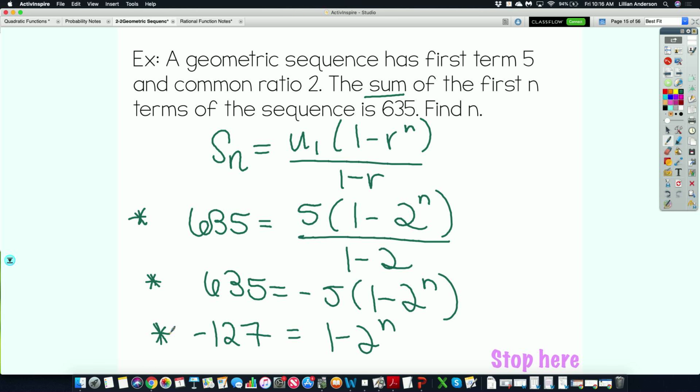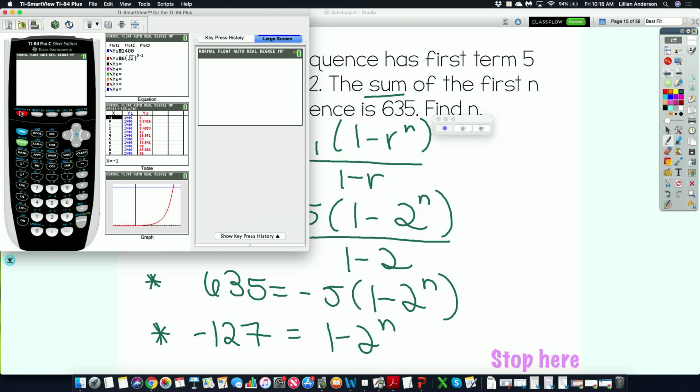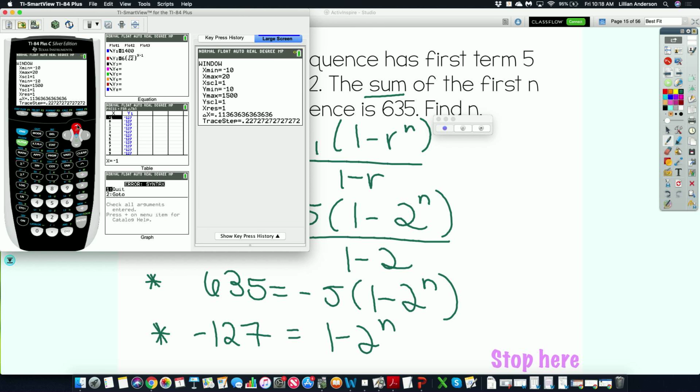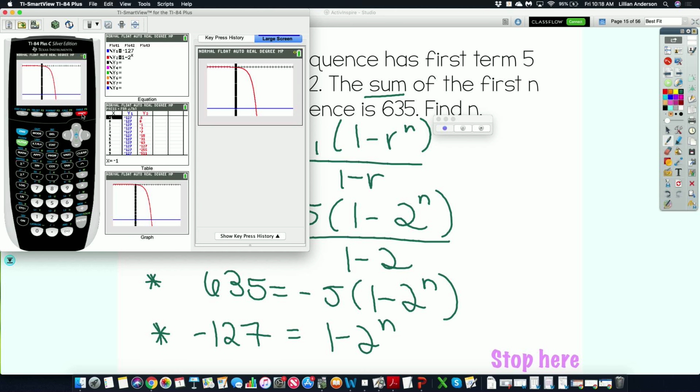Okay? Can we plug this in and find out what the value of n is? And this will be the last thing. Did you guys get 7?